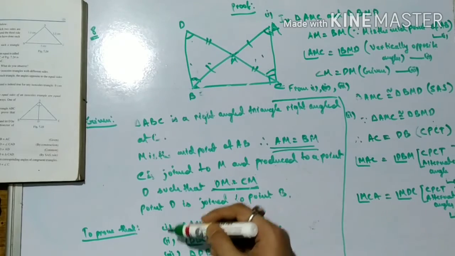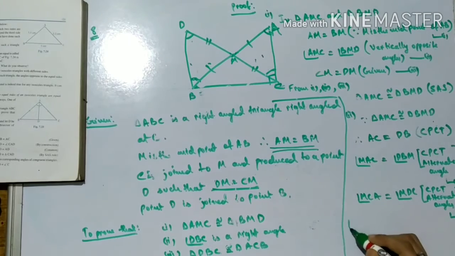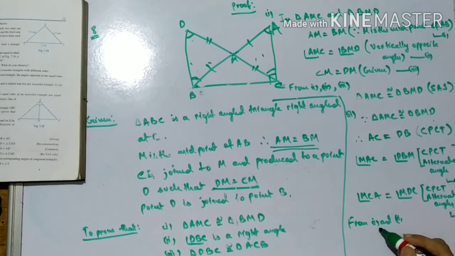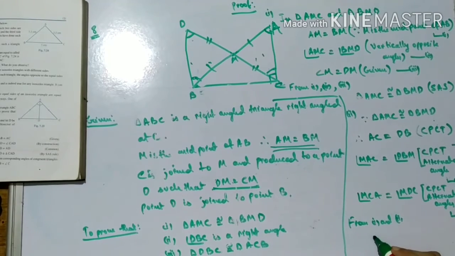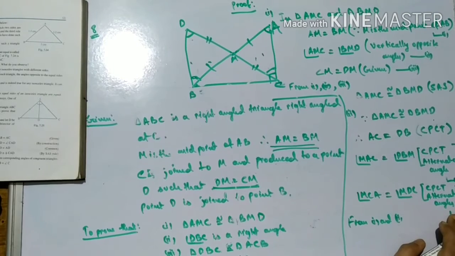From 1 and 2 what can I say? I can say that AC is parallel to DB.